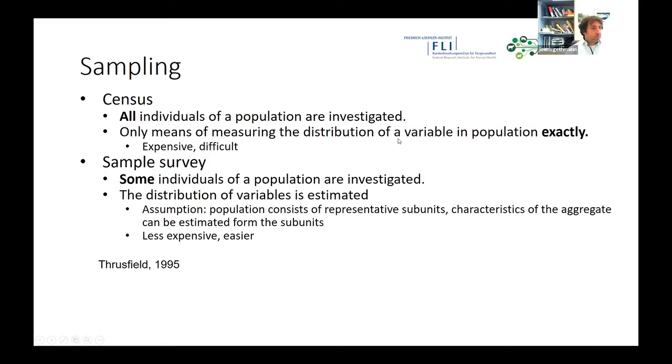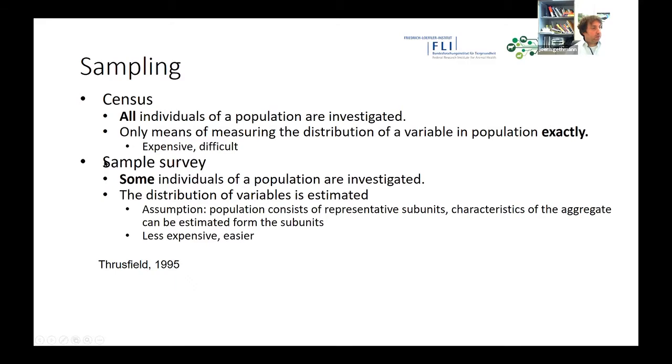And at the end, we know exactly, despite the test quality, how many animals in the population are diseased. And this will give us the best results, but it is very expensive and it is difficult. Maybe some of you performed it within one farm, so testing all animals within this farm population.